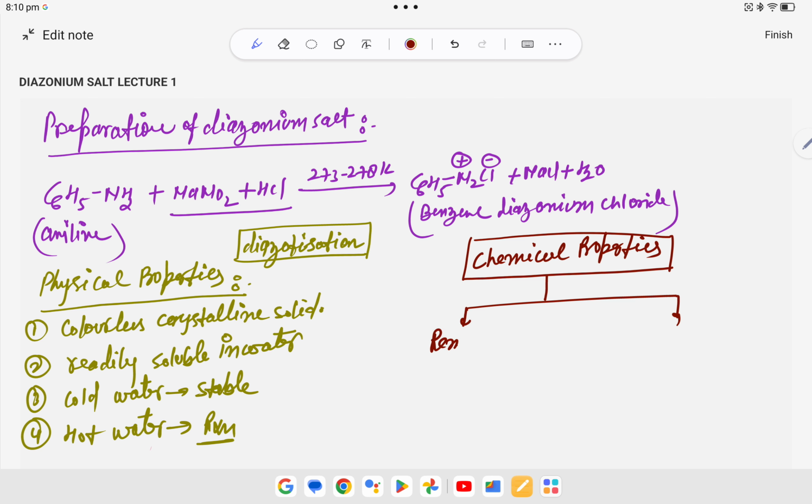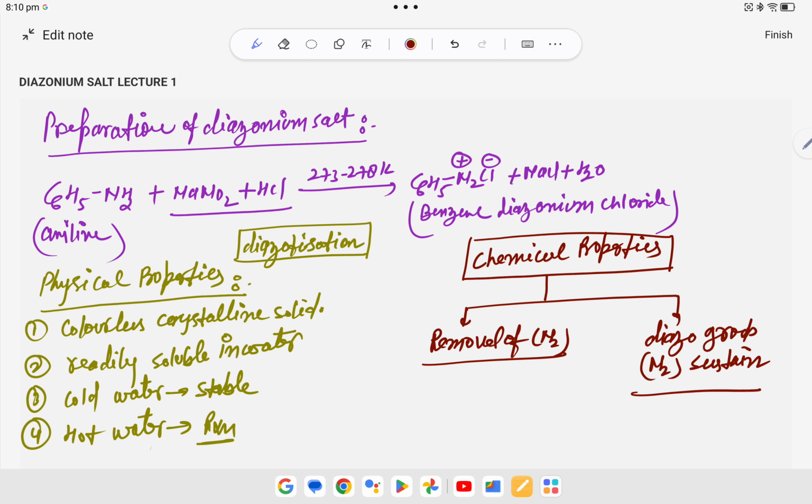One kind is removal of the diazo group, removal of N2, and the second is retention of the diazo group. Diazo group means N2. These are the two kinds of chemical properties that we will discuss. So first we discuss the removal of N2.